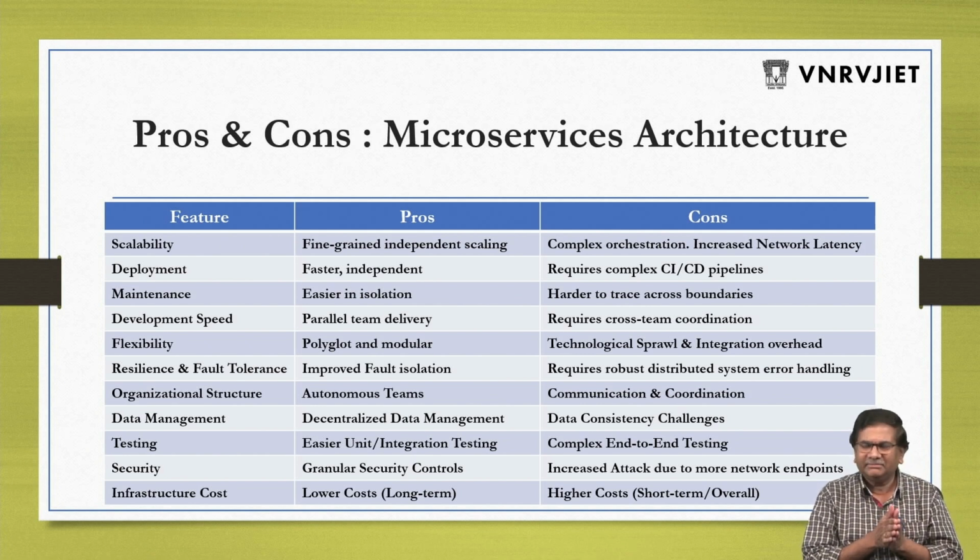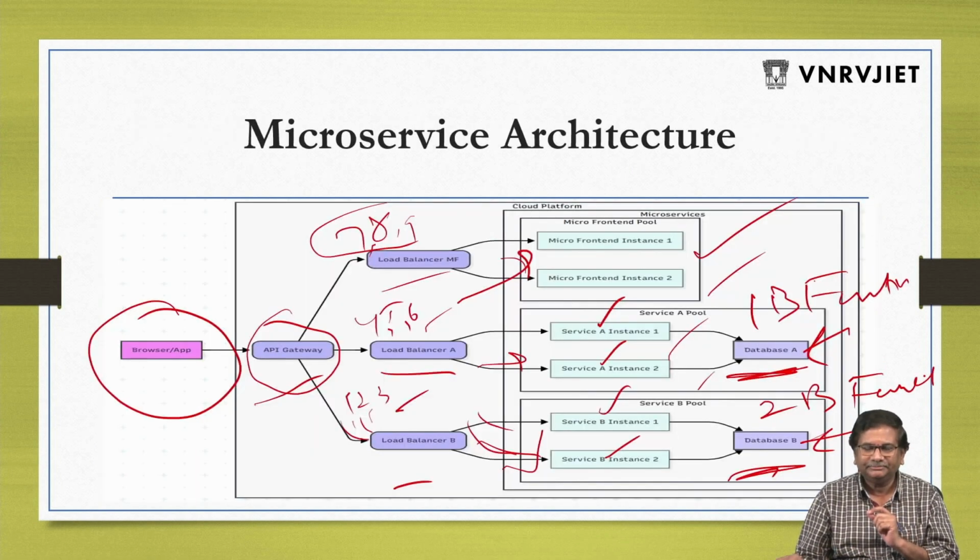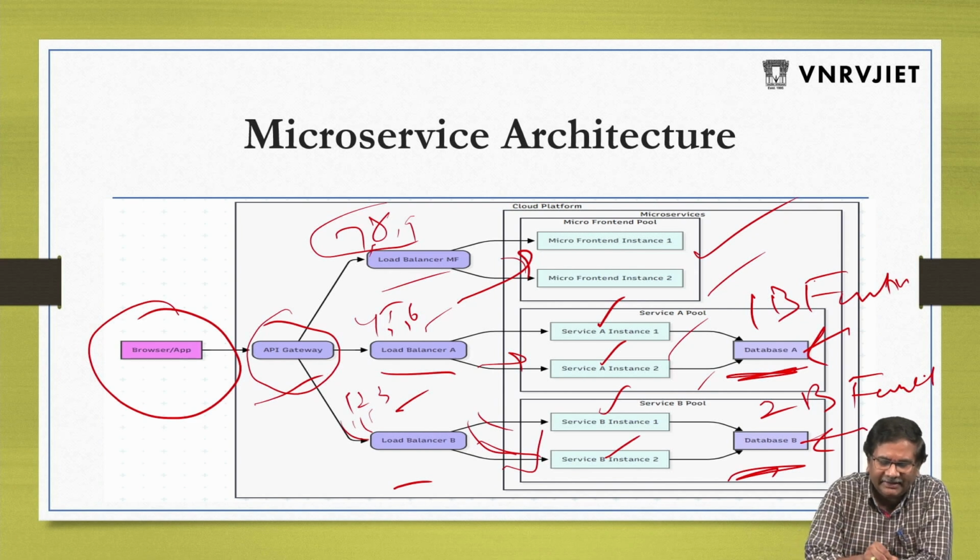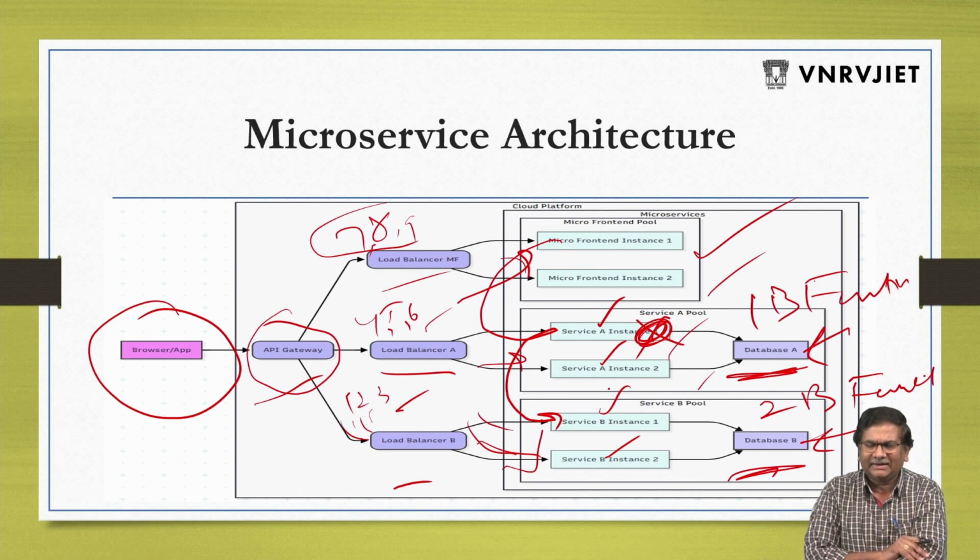Maintenance: easier in isolation, but harder to trace across boundaries. This is the one that needs some attention. Let's say somebody is using this front end calling this service and this service. Now somewhere there is a problem in this service and it's down or it's not giving expected results.